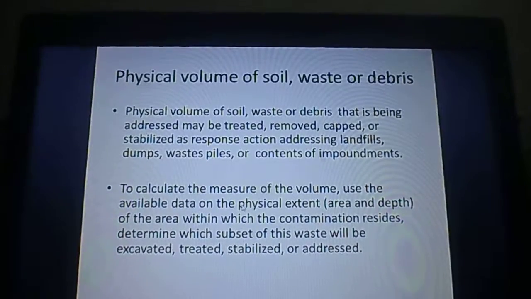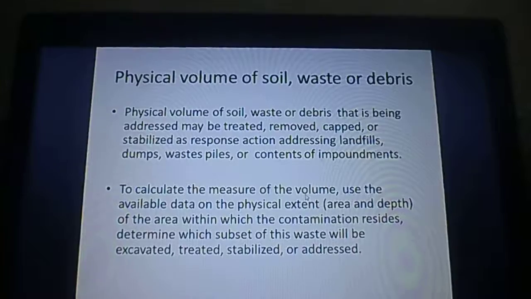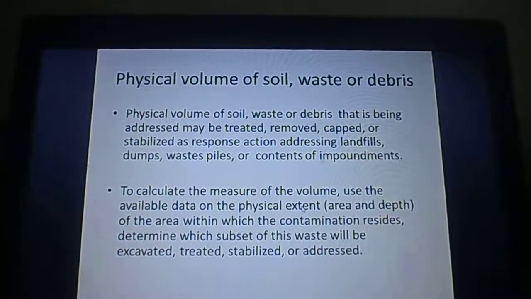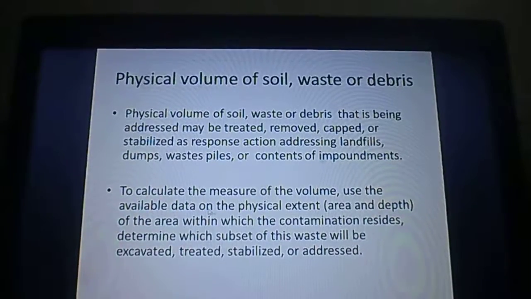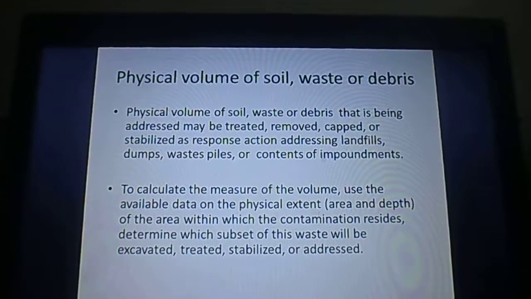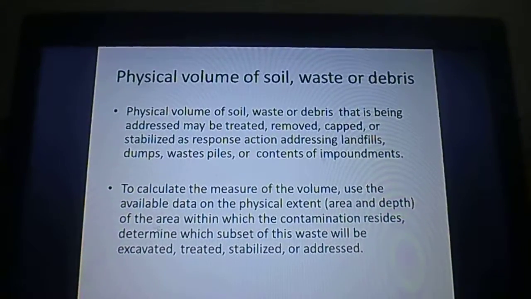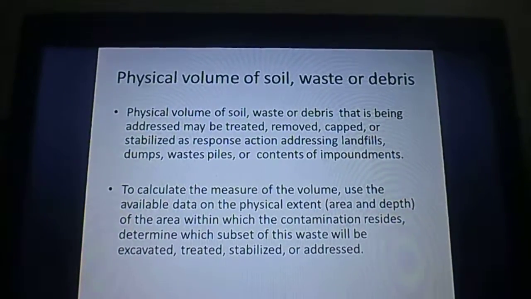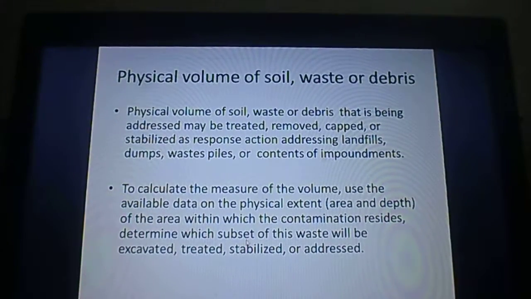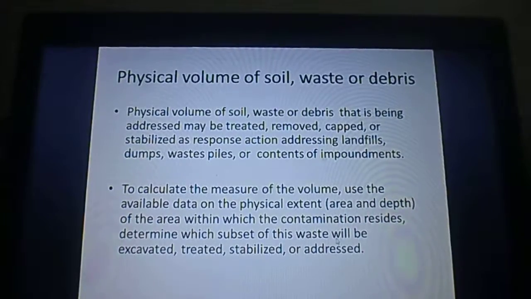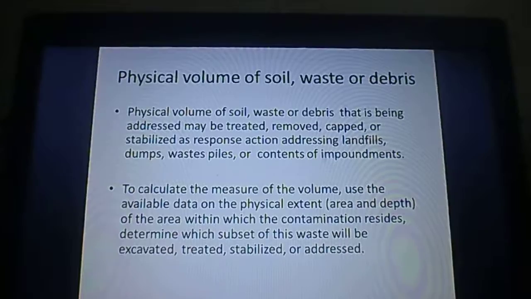To calculate the volume of the contaminated material, use the available data on the physical extent, like the data on the area and depth of the site within which the contamination resides, and determine which subset of this waste will be excavated, treated, stabilized, or addressed.